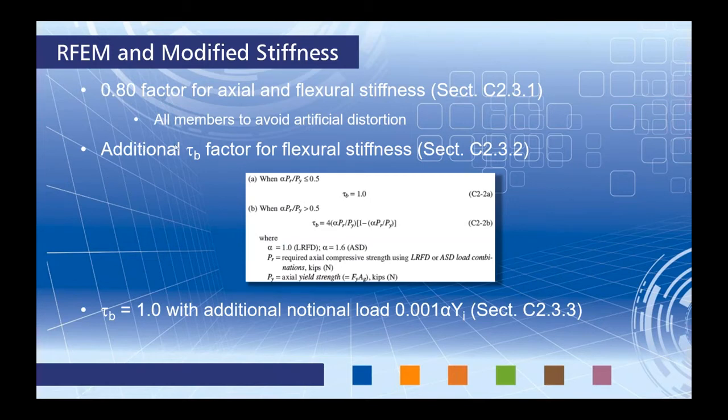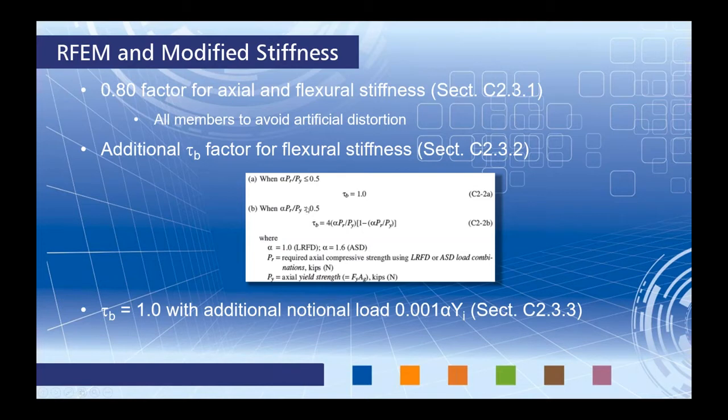Now there is an additional tau sub B factor for flexural stiffness. This comes from section C2.32. Again, this is just a screenshot directly from the code, and you'll notice that our tau sub B factor is dependent on our axial loads. So when our required axial compressive strength over the axial yield strength is less than 0.5, then tau sub b can just be equal to 1.0.